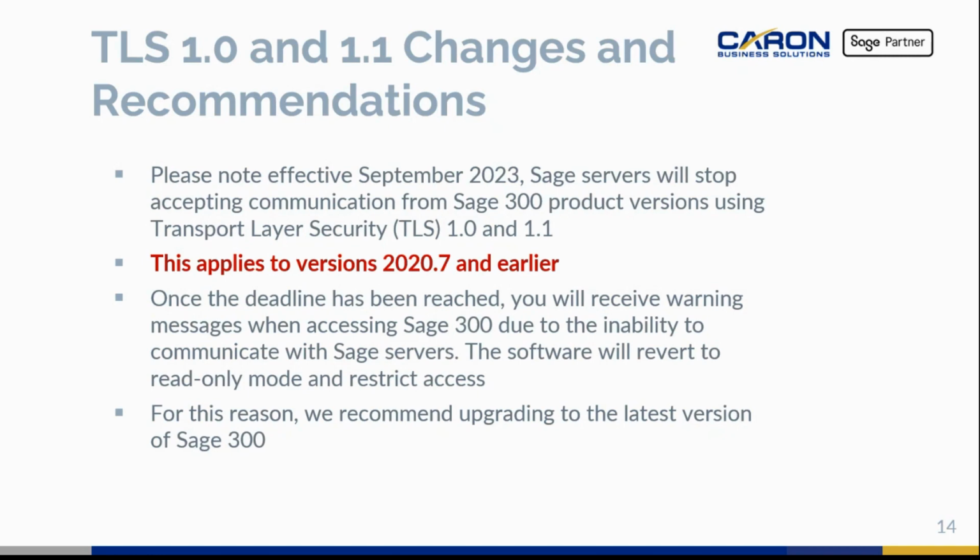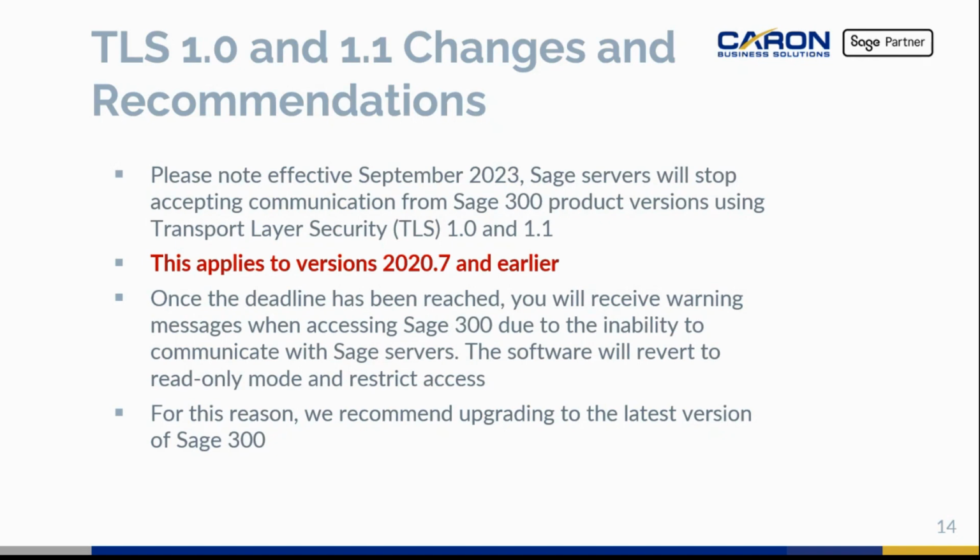Okay, so versions 2020.8 and newer are currently on TLS 1.2, and those are still supported. So this change means that if you're on the older versions, Sage won't be able to verify that you have a valid license or subscription. You will be able to go in, but in read-only mode only. You won't be able to do any transactions.